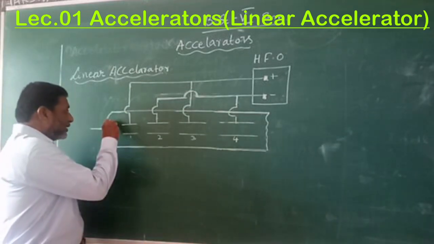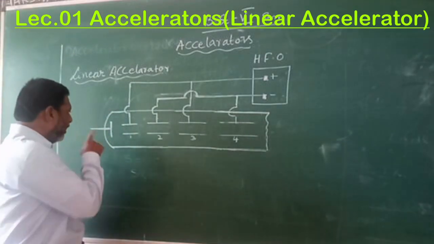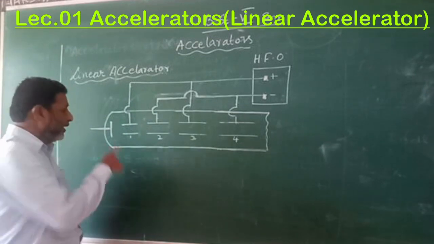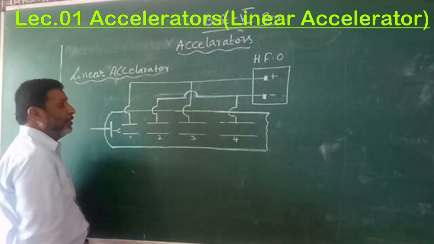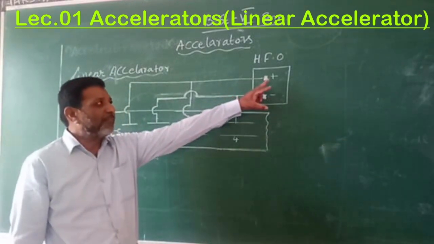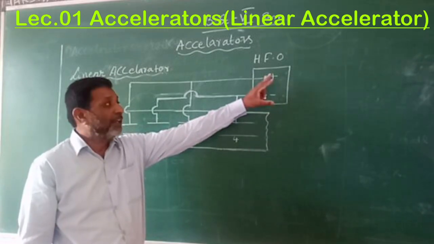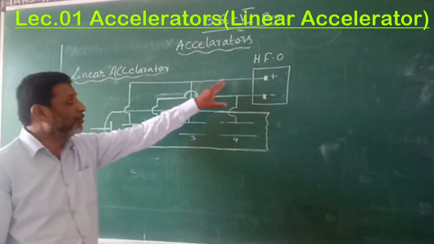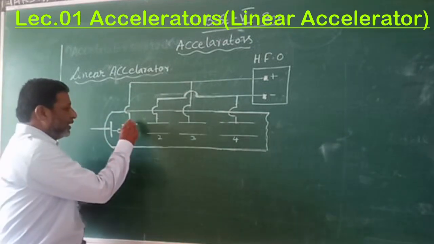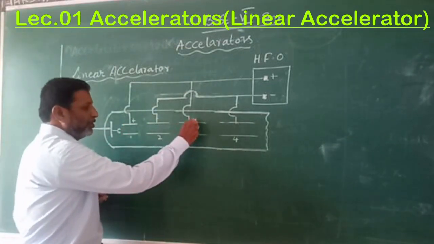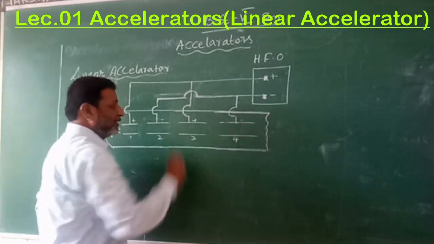Now let us consider from here onwards, you should be a little bit serious. Let us consider this is a source of negatively charged particles. When it is heated, it emits electrons, negatively charged electrons. Now here, at any instant of time, if this terminal is positive, all of you concentrate here. This terminal is connected to the odd number of cylinders, so this is positive, whereas the even numbered ones are negative.